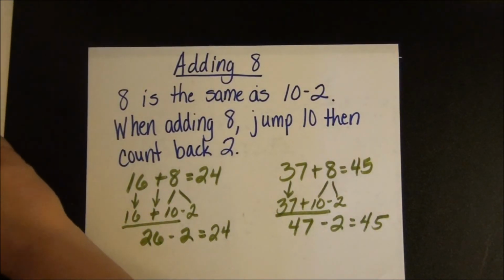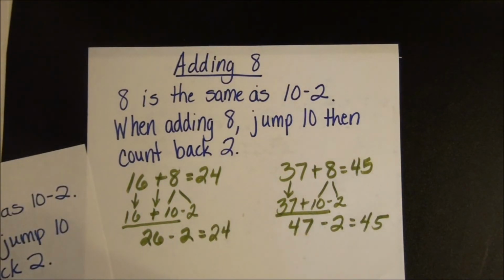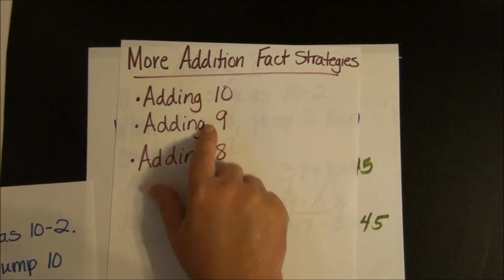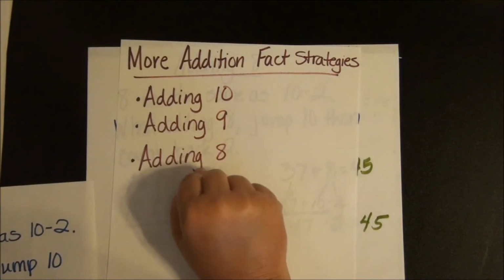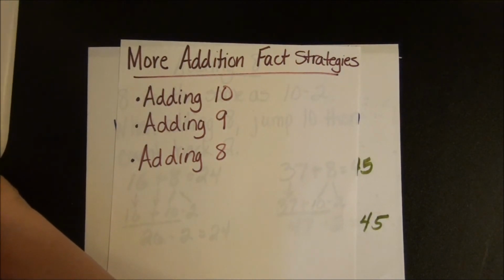Okay, so let's review very quickly what we learned how to do. Let me find my first paper here. It's a little bit of a mess over there on the side. Okay, so my addition fact strategies that I taught you were to add 10, adding 9, and adding 8. So you are going to have 2 practice sheets.